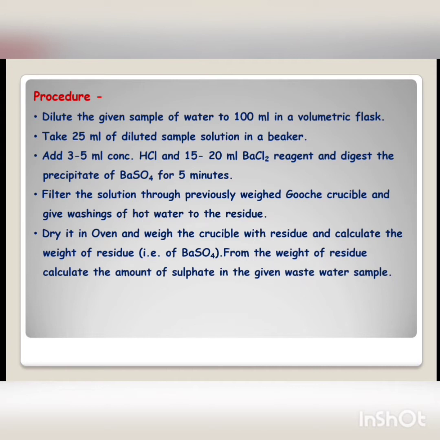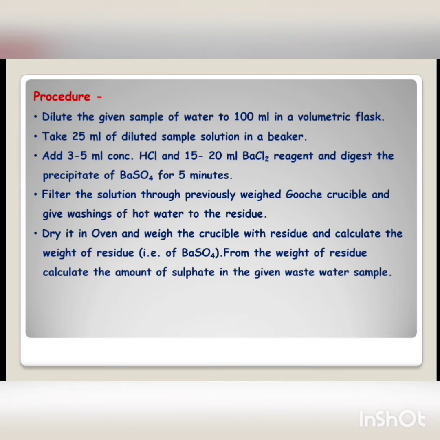Digestion of the precipitate is just heating the precipitate with mother liquor. After heating the precipitate with mother liquor, that solution we have to filter through a Gooch crucible. But here the Gooch crucible should be previously weighed. We have to take the empty Gooch crucible weight, and then that crucible we will use for filtration purpose.